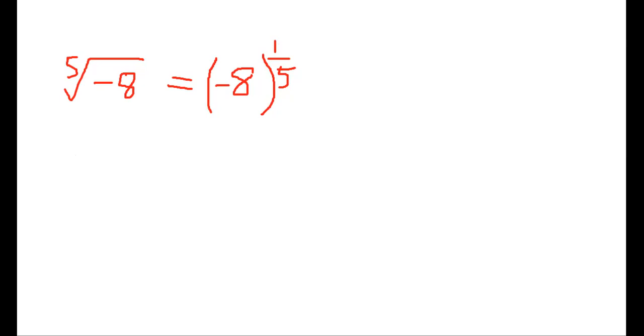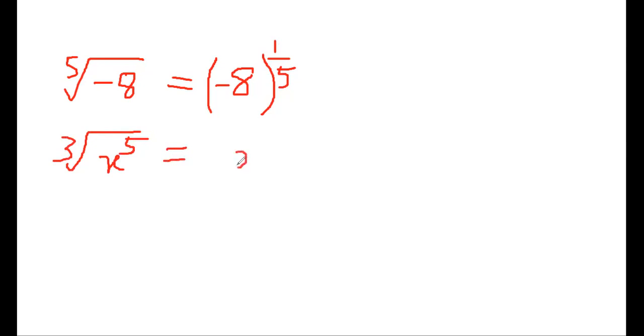Now another example is the cube root of x to the power 5. This is a radical form, and you will convert it into exponential form. How to convert it?